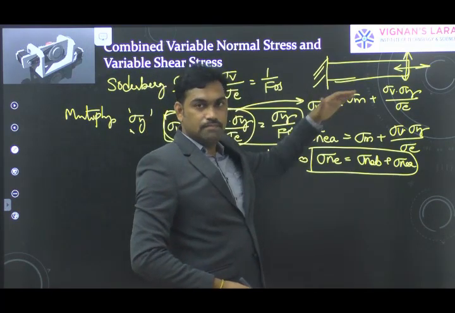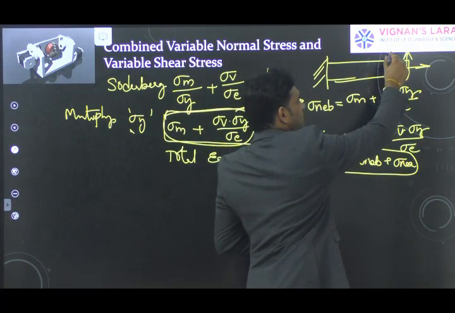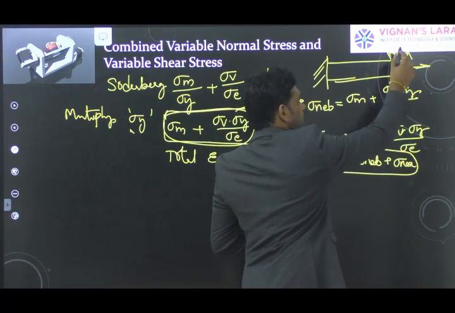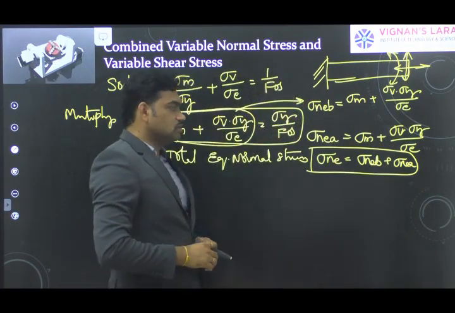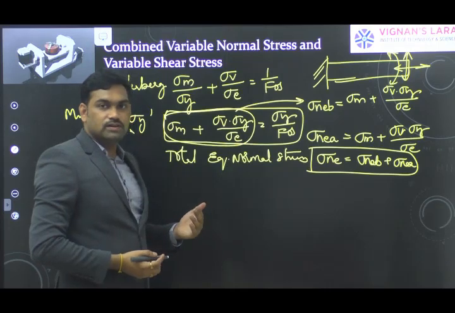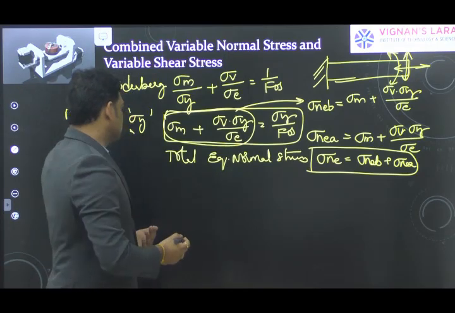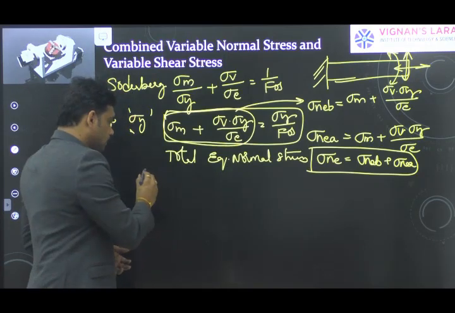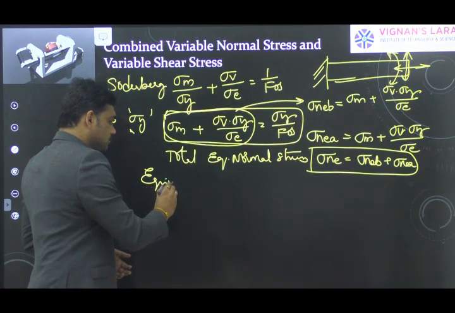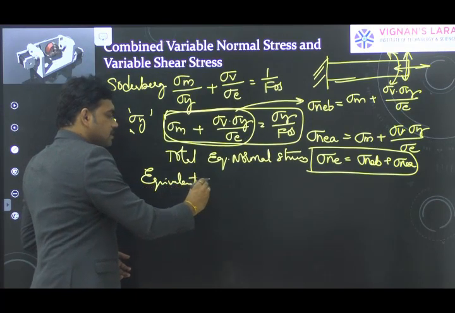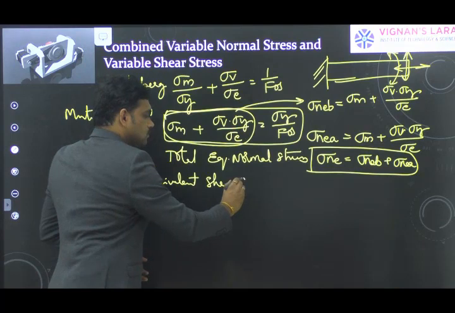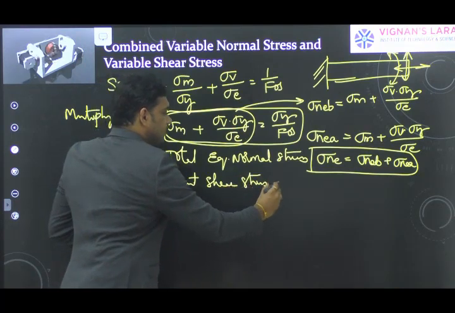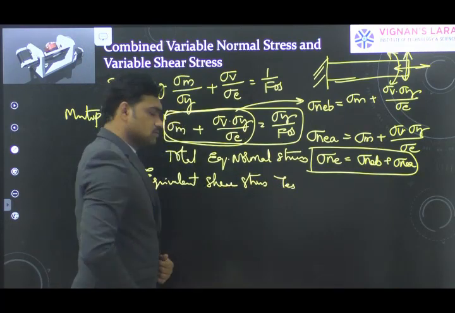So here the same machine component can also be subjected to cyclic torsion, that is twisting. Then the equation can be modified for shear stress, so we can call it the equivalent shear stress, tau ES.